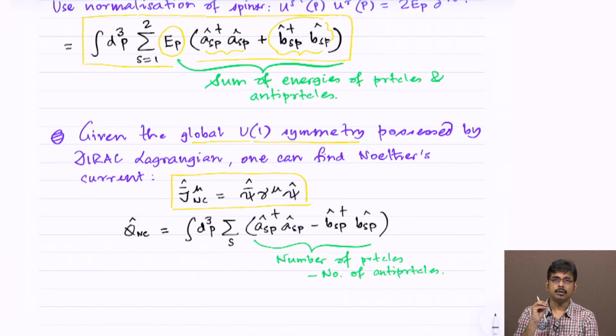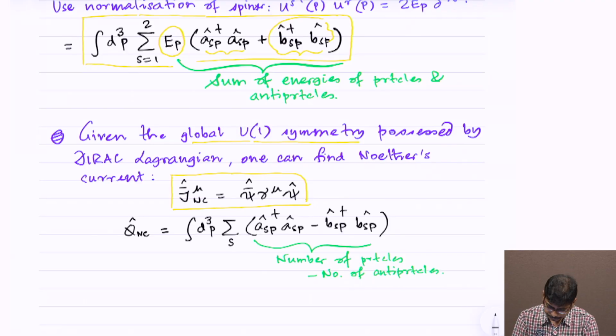We derived the Noether current for the classical fields, right? But you can do the same exercise after you impose the quantization condition and express the Lagrangian in terms of those field operators, which are now expressed in terms of the creation and annihilation operators, and you can show that the expression for the current remains the same.